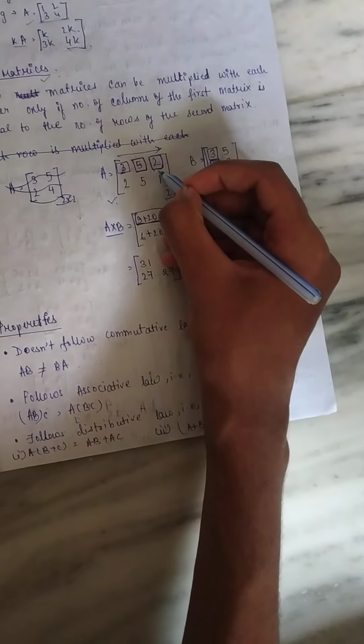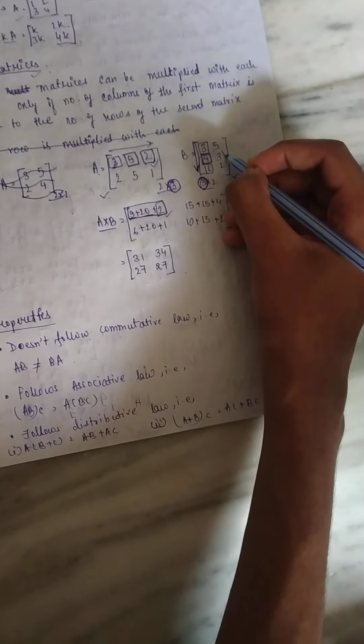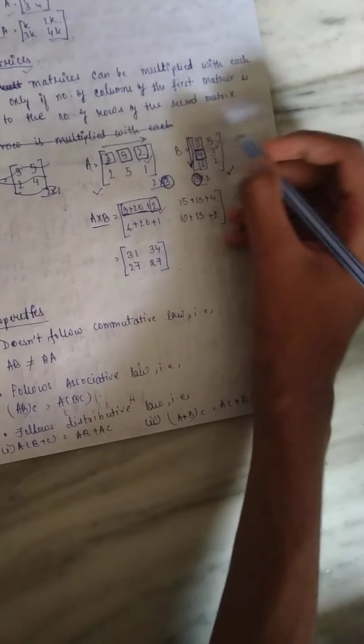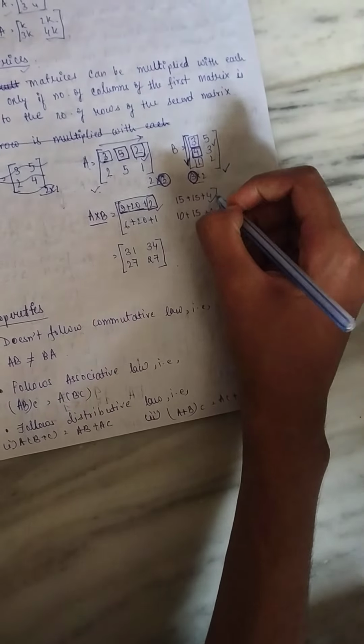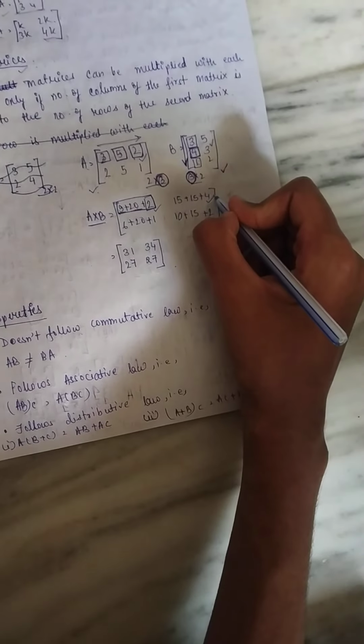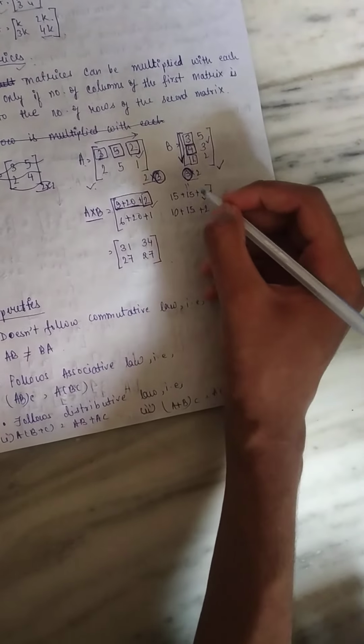Similarly, we will multiply each corresponding element of the first row with each corresponding element of the second column to get the element of the first row and second column.